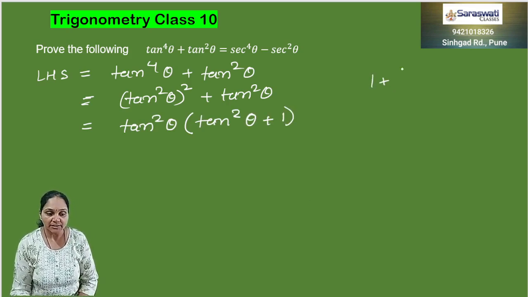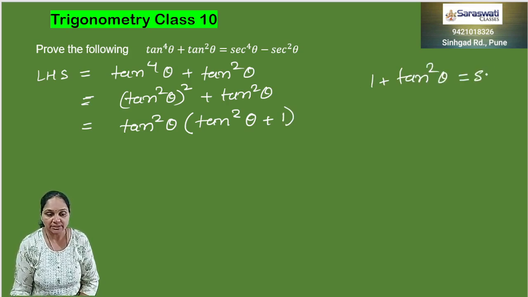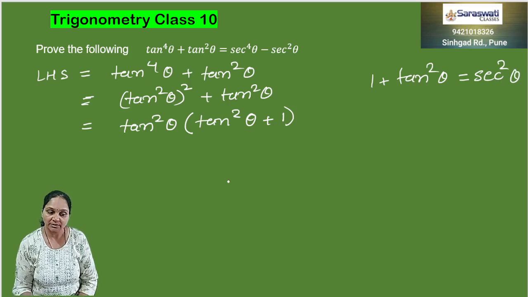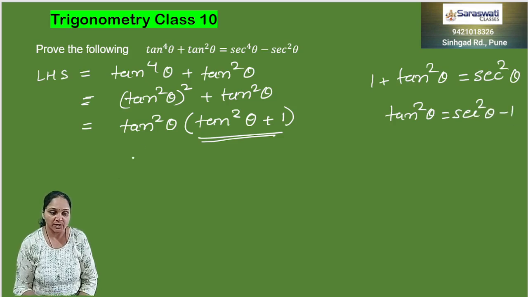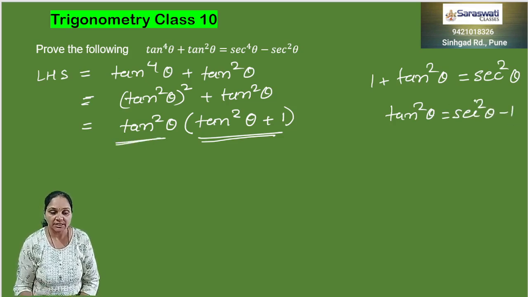Now we know the identity, 1 plus tan square theta is equal to sec square theta. So for this bracket we can write sec square theta, and tan square theta is equal to sec square theta minus 1. So for this tan square theta we can write sec square theta minus 1.